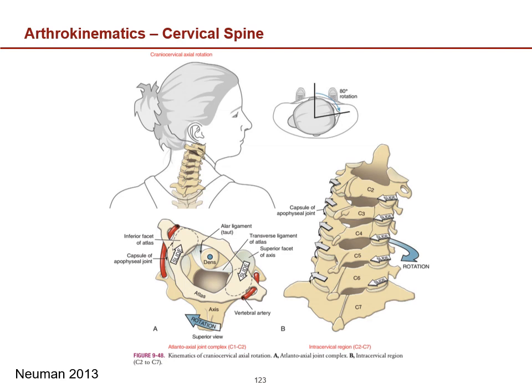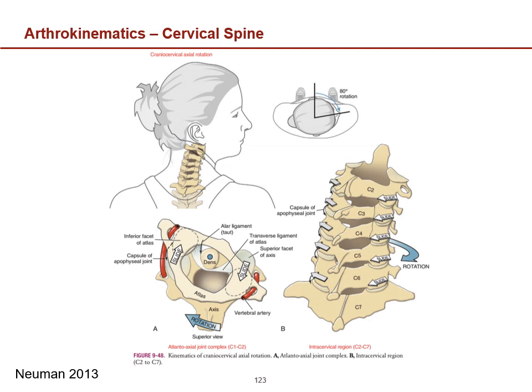There's going to be a posterior slide on that side with a contralateral anterior slide on the opposite. And so it's going to be almost like a pivoting around the dens. And that blue dot on the dens denotes the center of rotation of the atlas on the axis.